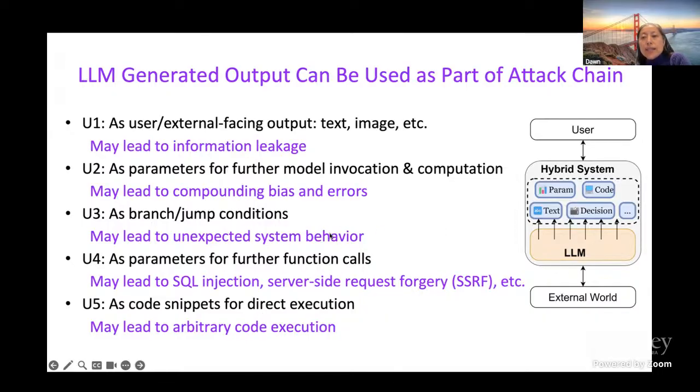So again, as we can see now, given this LLM component, which is very complex, we do not really understand how this LLM works, and its generated output can be used in many different ways and can have huge impact on the rest of the system, can alter the control flow of the system, and can even introduce new code into the system. All these LLM-generated outputs can then be used as part of the attack chain.